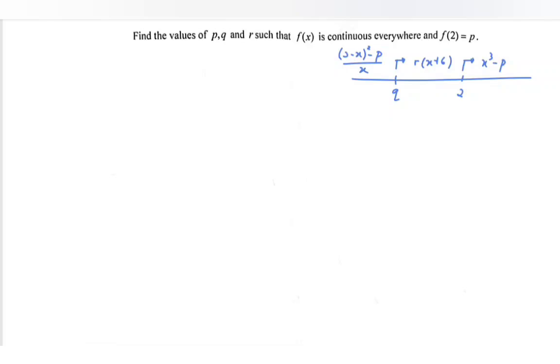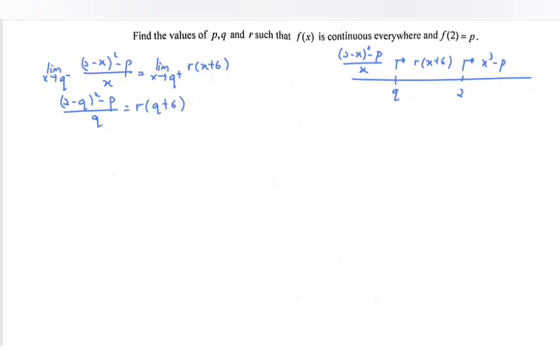Number 1, the limit as x approaches q from the left, the function (2 minus x) squared minus p over x, equals the limit as x approaches q from the right, the function rx plus 6. So kindly substitute q, so we will have (2 minus q) squared minus p over q equals r times q plus 6. We have the situation with p, q and r.